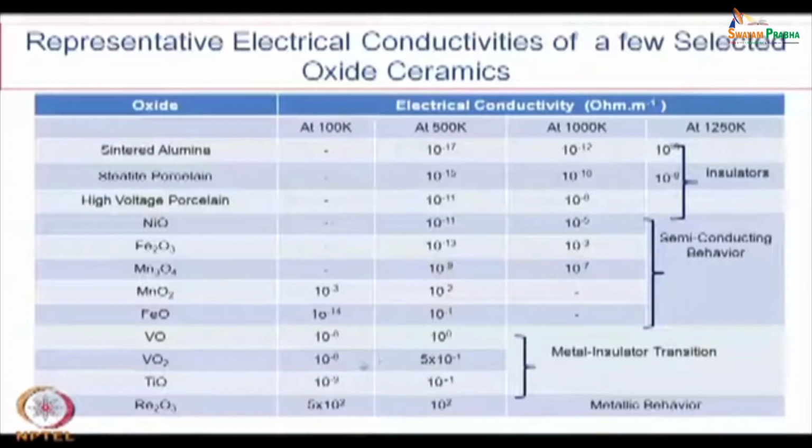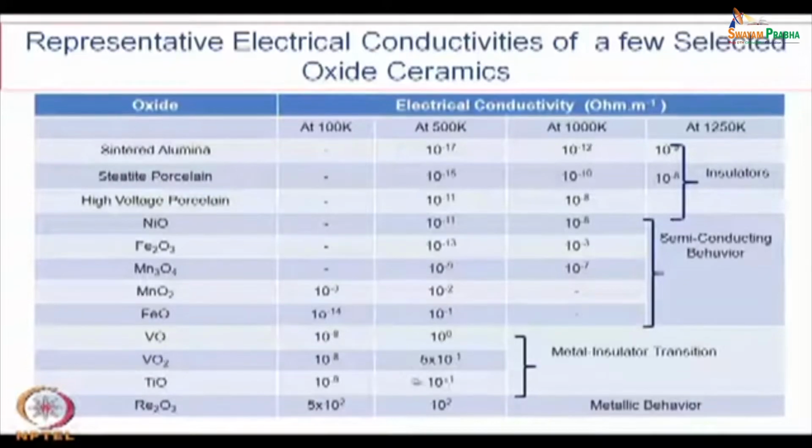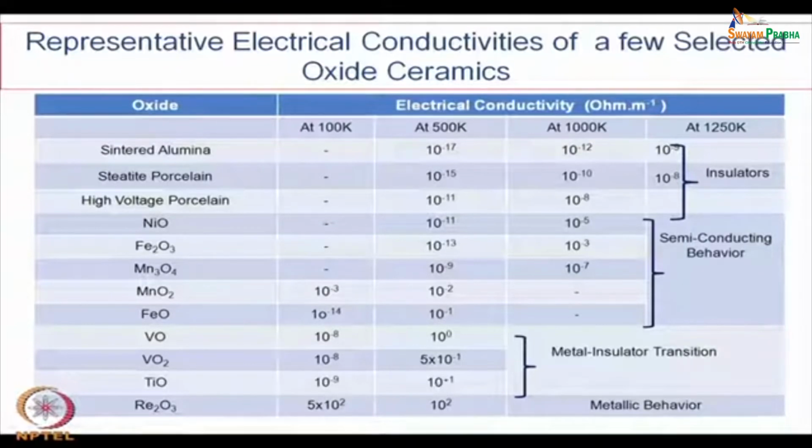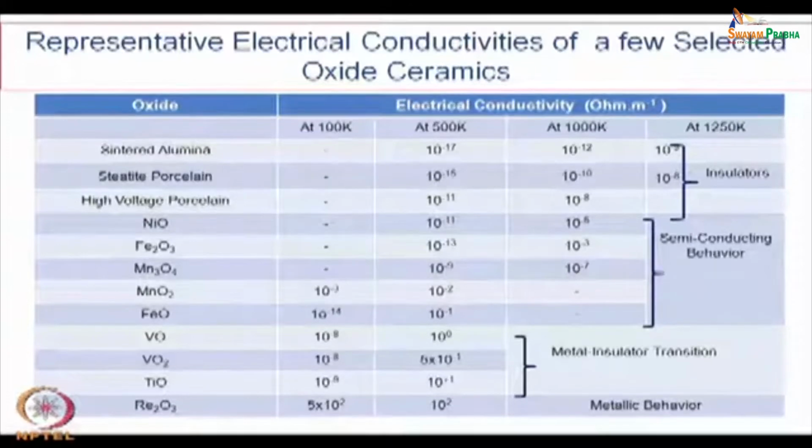The same is the case here. You will also find a huge change between 100 degrees and 500 degrees, and there is a sudden sharp change in the conduction mechanism, and also there is a phase transition. Compared to all of them, here is a material, rhenium oxide, Re2O3.